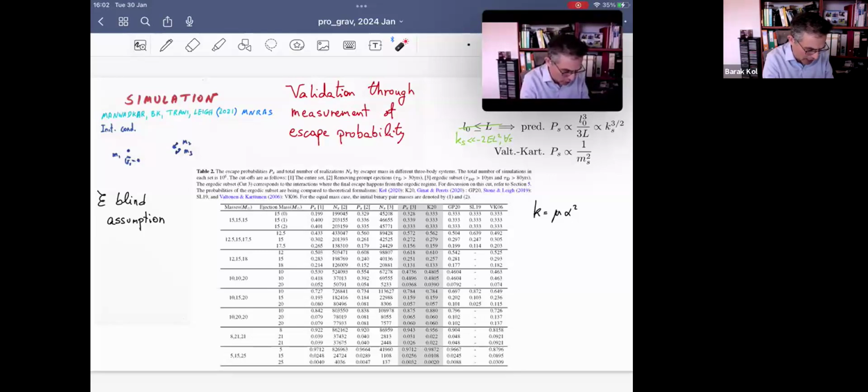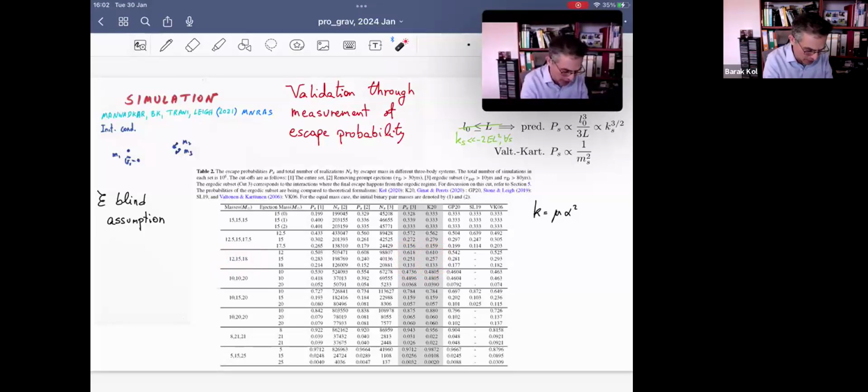Now, if you look at unequal masses, let's look at this case, 12, 15, 18, but all are very much the same. The measured probabilities are 62, 25, and 13. The simple formula that I showed you gives 61, 26, and 13. You see how close it is, just amazingly close, 1% close.